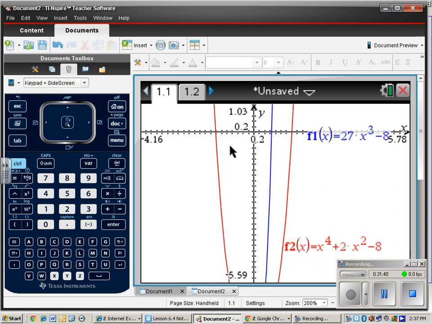What do you think the value of that x value is right there? Negative square root of 2.